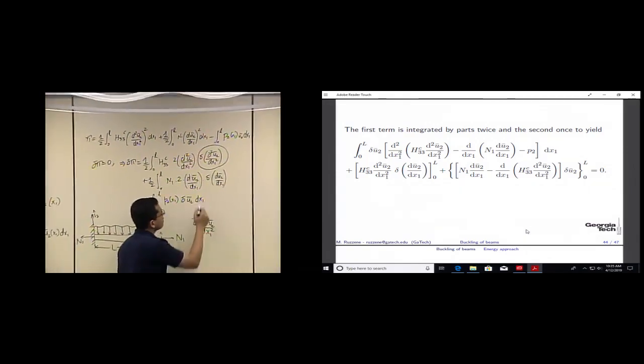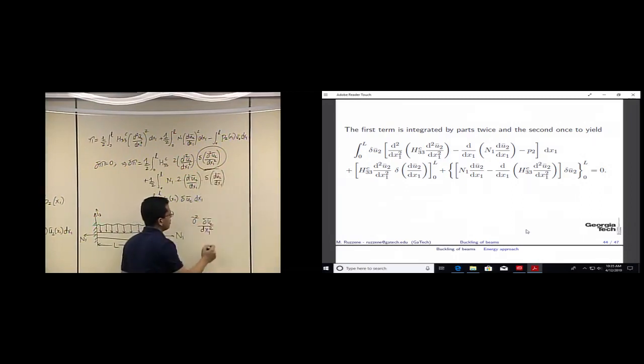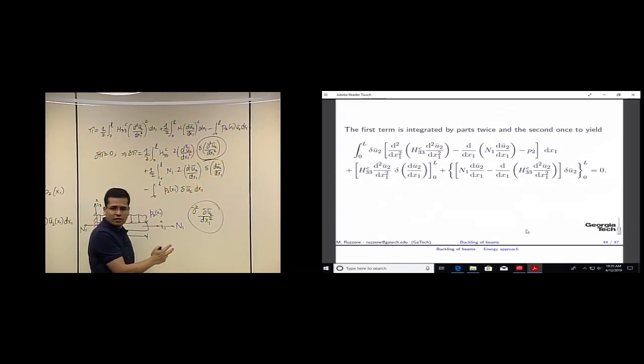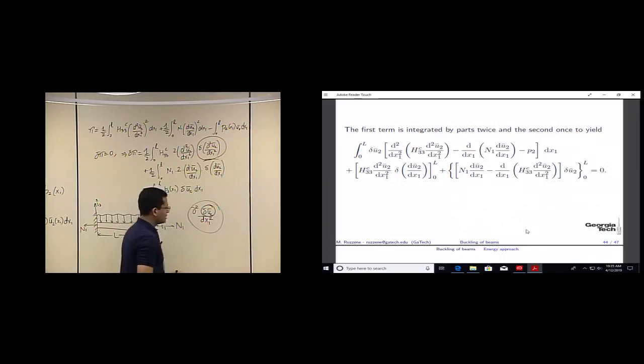So you can write this term by swapping the order of the variation and differential, and you know that the variation in u2 is an arbitrary quantity, but you cannot say anything about this other quantity, right?